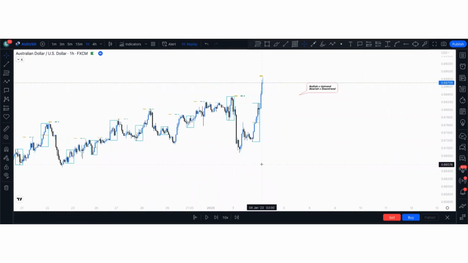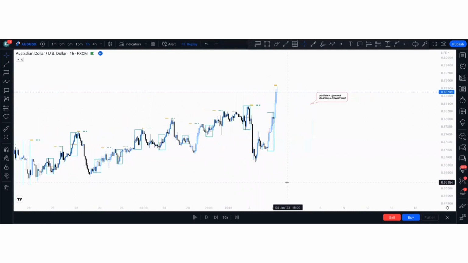So you need to identify your higher time frames, like in 4 hours or 1 hour, or if you wanted to check in a daily, it's okay. But for this example, we will be using 1 hour as our higher time frame.